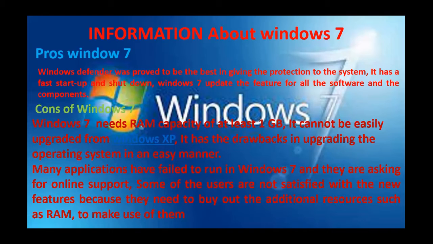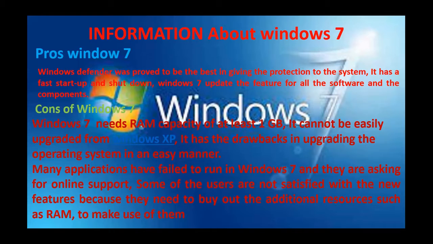Cons of Windows 7. Windows 7 needs RAM capacity of at least 1 GB. It cannot be easily upgraded from Windows XP. It has drawbacks in upgrading the operating system in an easy manner.